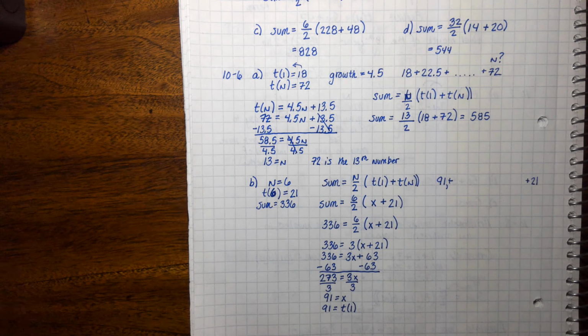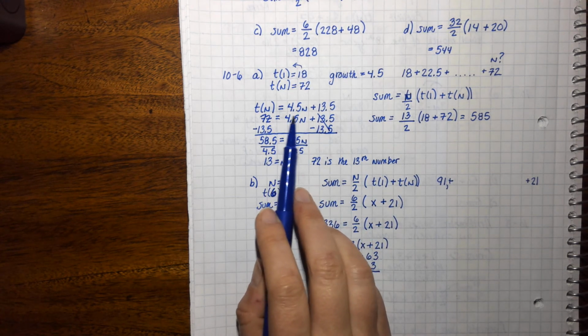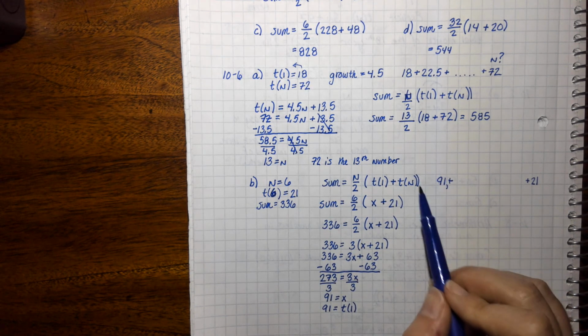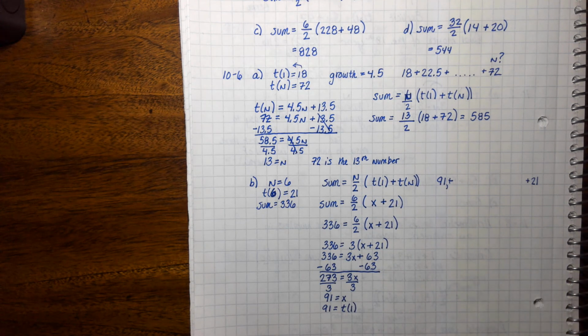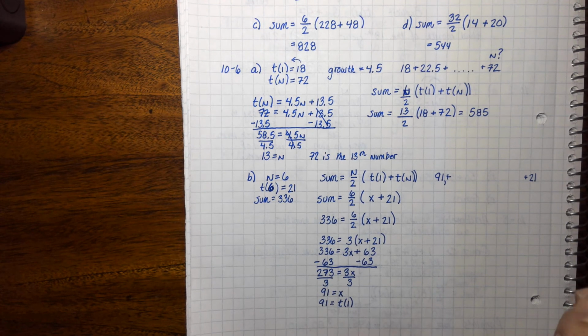Well, let's use the explicit equation. Does that not have the common difference or the growth in it? Now in this case, I don't know the 0th term.